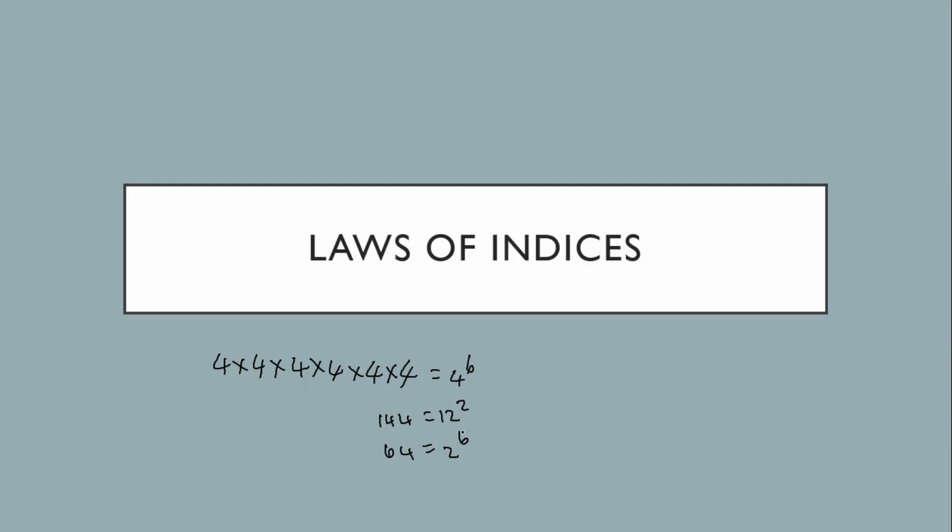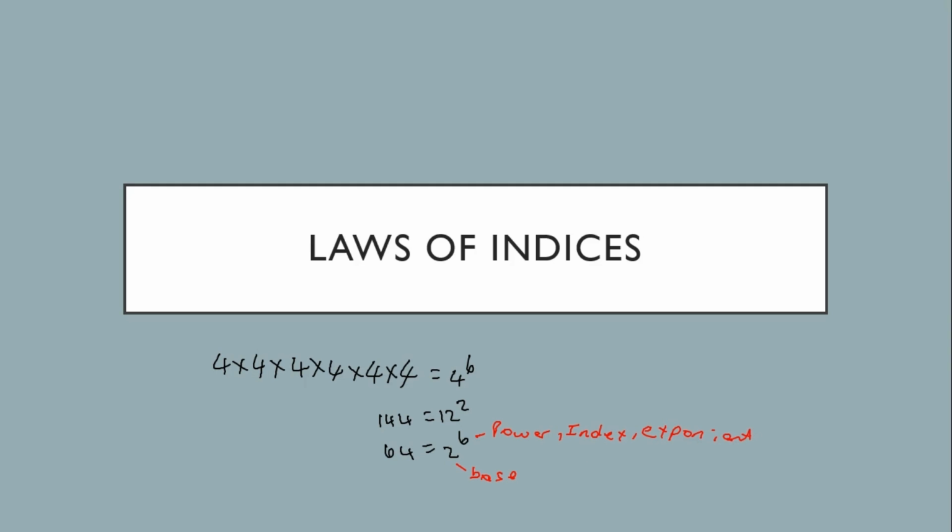In looking at this number, the 2 is our base, and the 6 is our power, our index, or our exponent. Different names, but all have the same meaning.